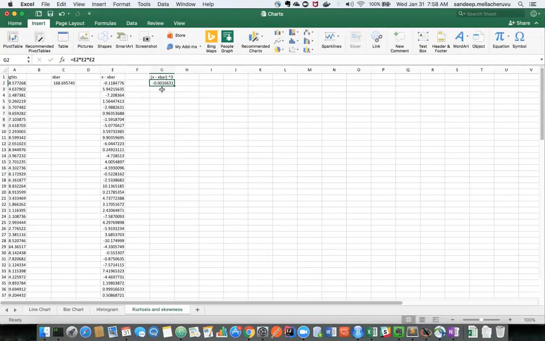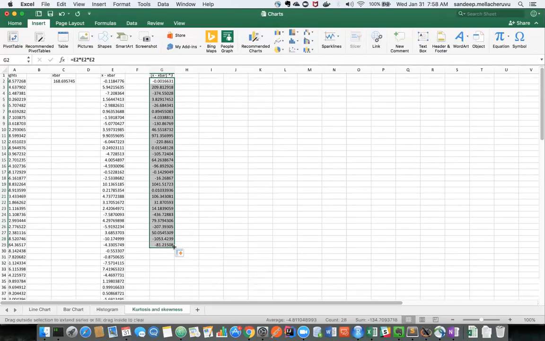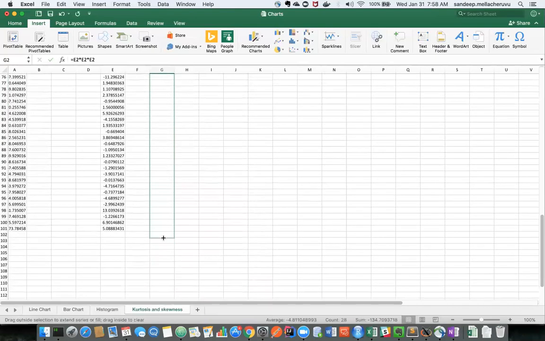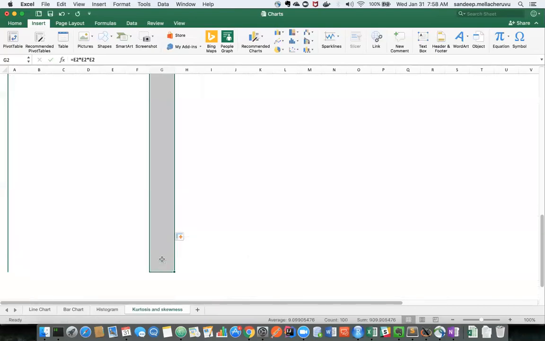I think there is a power function also, but for now I'm not using that. That's fine. You can explore that power function if you want. Let me cube it.